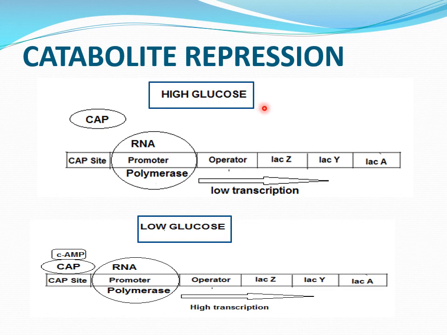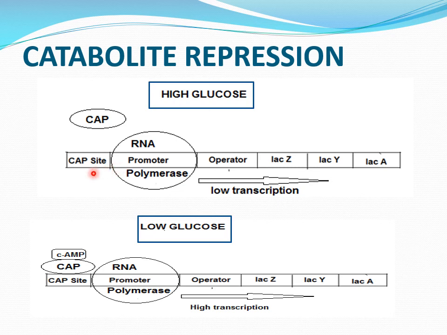So this is done by another type of mechanism of regulation of gene expression, that is the catabolite repression. Now for this catabolite repression, one thing we should know is that just now we had talked about the RNA polymerase binding to this promoter region. It needs this CAP site, that is the catabolite activator protein site.